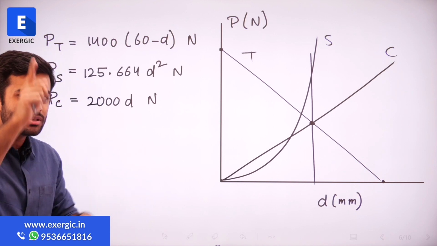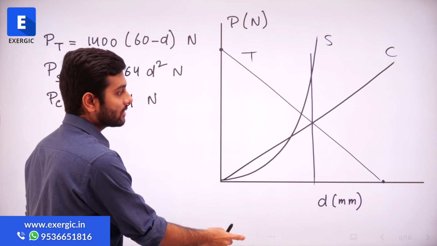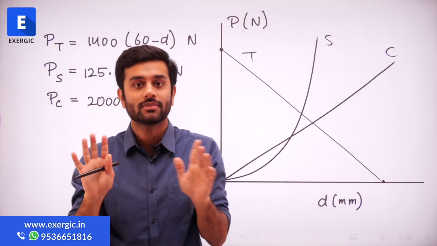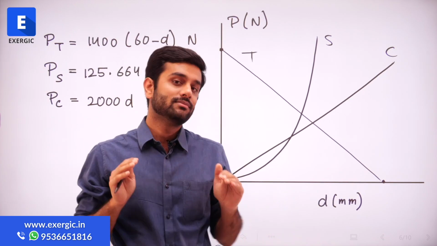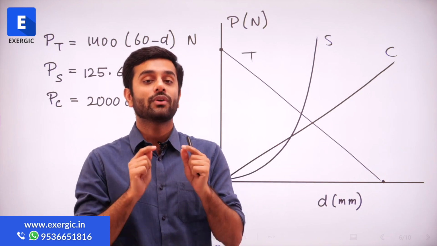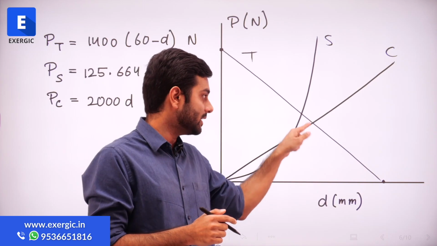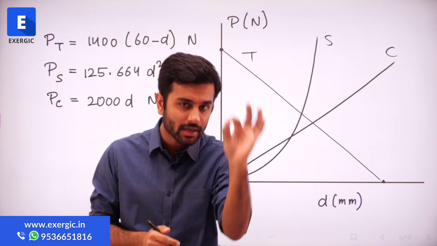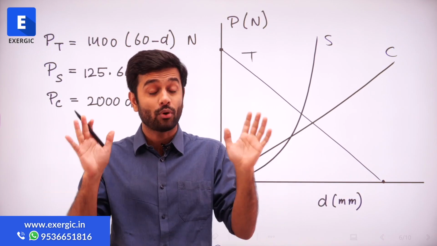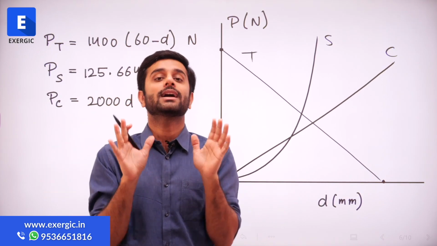So which value is maximum? You cannot decide if D is not known to us directly, right? But this graph we can use now to understand which point in this whole graph we have to pick to find out the maximum allowable shear stress. That is my point here, you need to understand that.